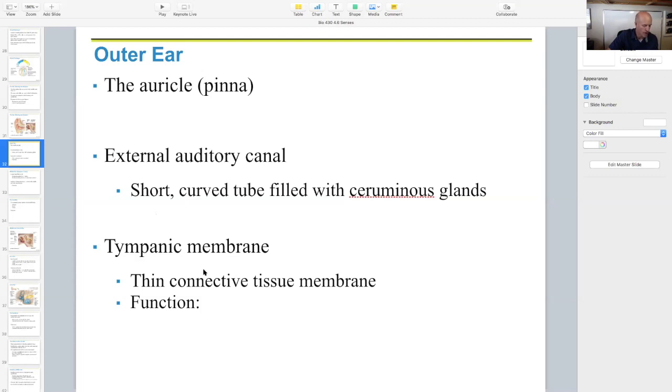That's the point of this, its function. And the function of that is to make the malleus, incus, and stapes move and vibrate. So it's to transfer sound energy from an external source onto the small bones of the middle ear.